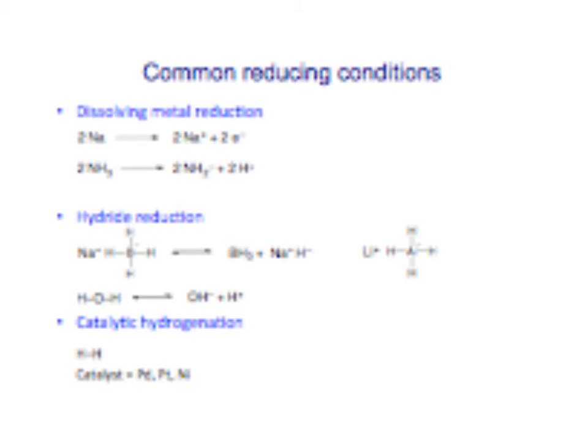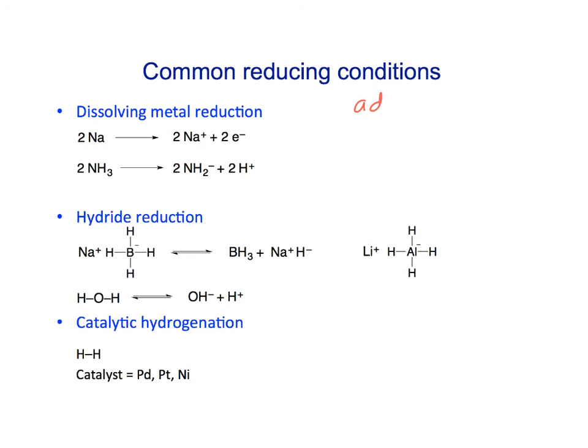Before we look at some specific reactions, let's just look at some common reducing and oxidizing reagents or conditions. Reductions take place under three types of conditions in organic chemistry. Each involves a net adding of hydrogen, or H2. So the difference in each of these methods is just how the H2 is delivered.